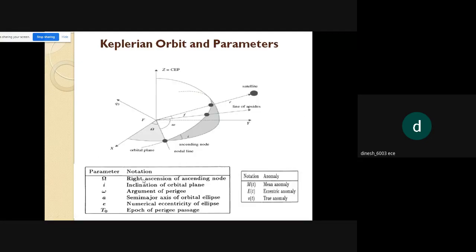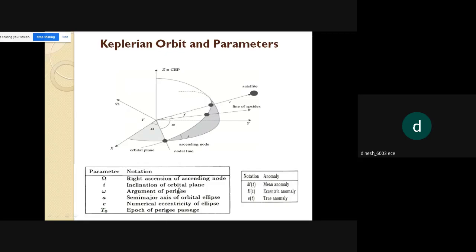Keplerian motion has 6 parameters of Keplerian orbital motion which determine the satellite's positioning. One is the right ascension of ascending node, denoted by this symbol. Second, the inclination of the orbital plane, denoted by the symbol i.